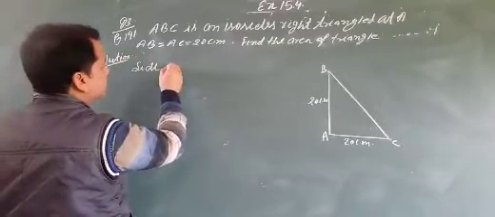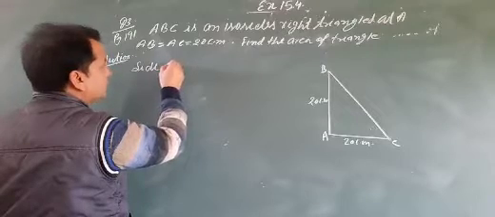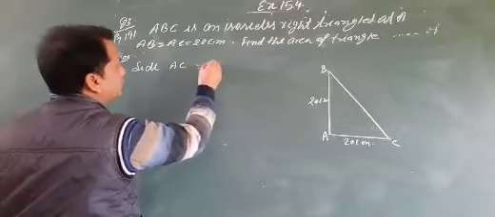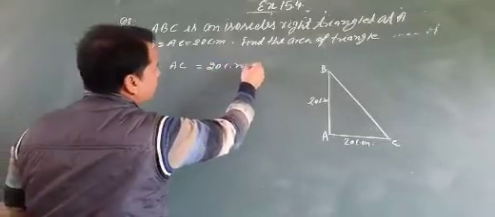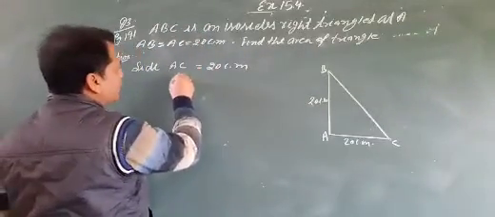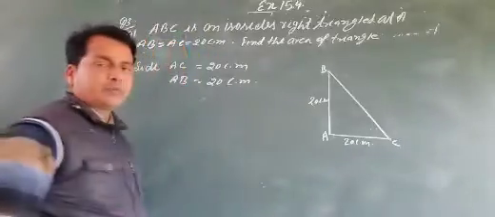Side AC equal to 20 centimeter and AB equal to 20 centimeter.